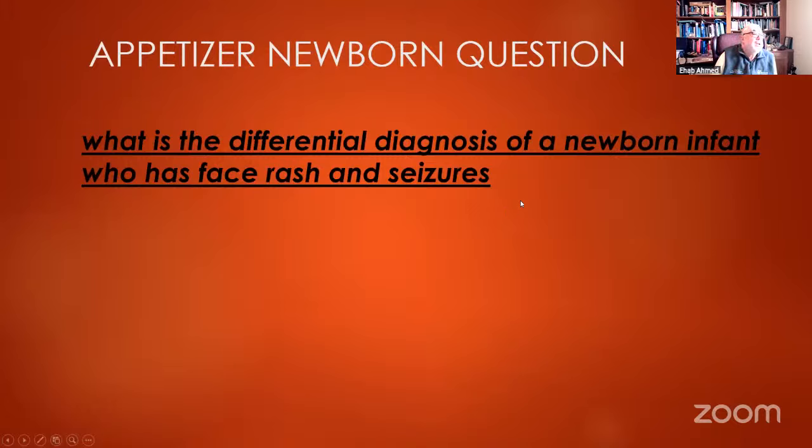So, question: what is your differential diagnosis for a term newborn infant who has two major problems, a rash on the face and seizures? Rash on the face and seizures.